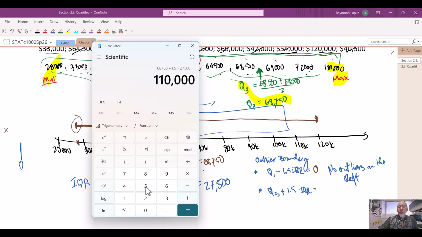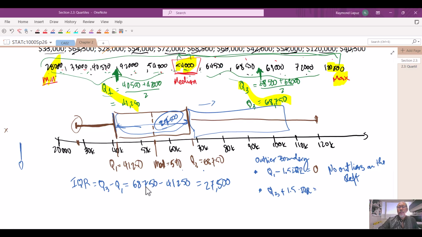And then we get 110,000. So 110K. It looks like I almost made it here. To make this a little more accurate, this got stretched out over here. So anything beyond that is an outlier. So outliers out here.